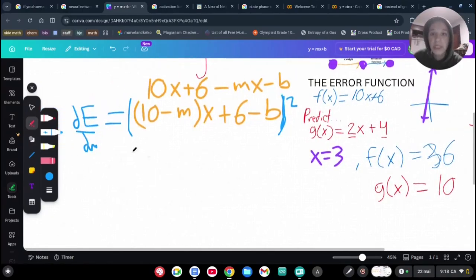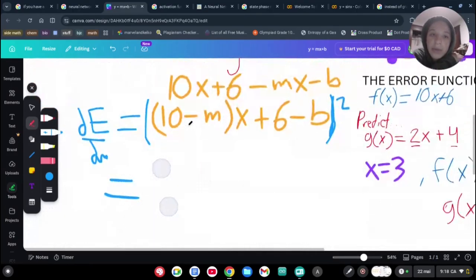So one thing to keep in mind, dE over dm. Well, this is just the power rule, right? Something squared, its derivative is 2 times that something. But then we're also going to have our inside derivative with respect to m, which again will just be minus x.